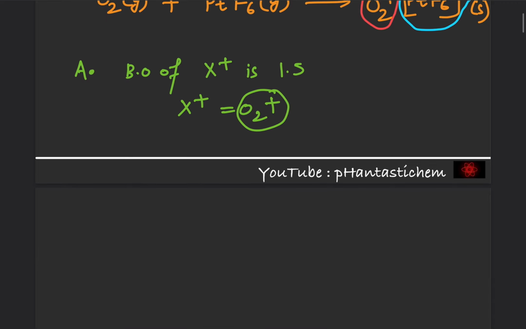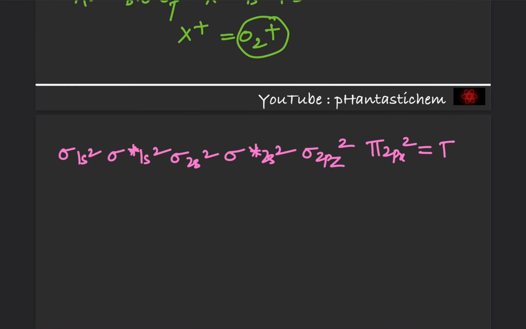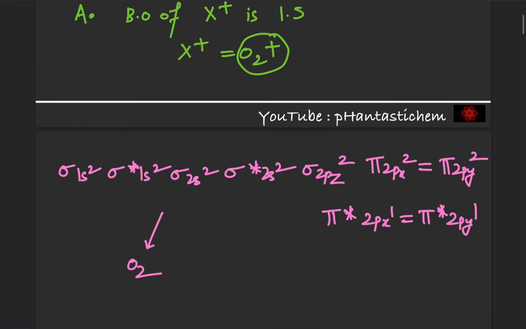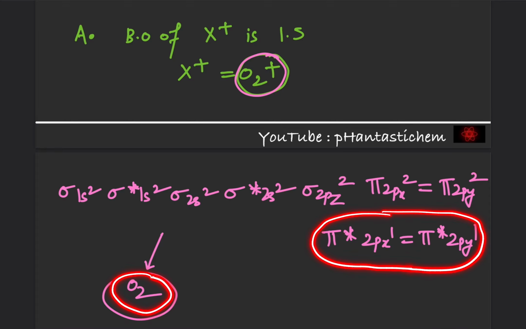The electronic configuration of the O2 molecule is sigma 1s2 sigma star 1s2 sigma 2s2 sigma star 2s2 sigma 2pz2 pi 2px2, which is equal to pi 2py2, pi star 2px1, which is equal to pi star 2py1. O2+ is formed by the loss of one electron from the O2 molecule, either from pi star 2px or from pi star 2py.